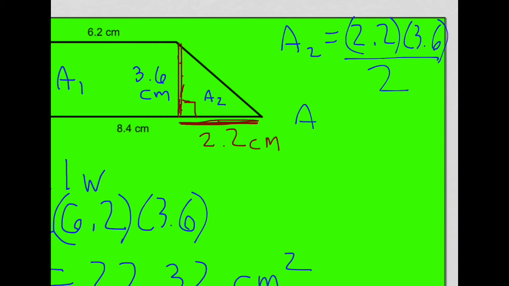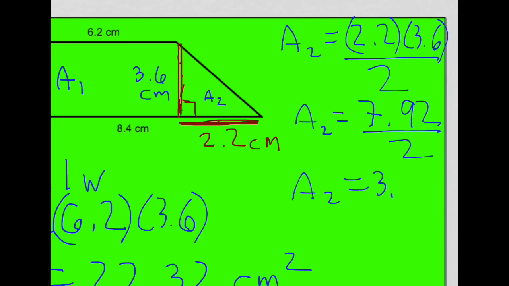Area 2 equals 7.92 divided by 2. Area 2 equals 3.96 centimeters squared.